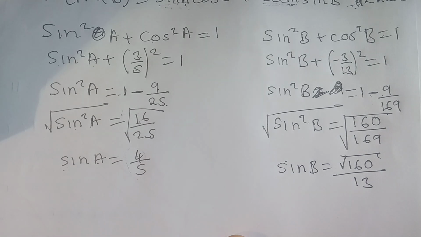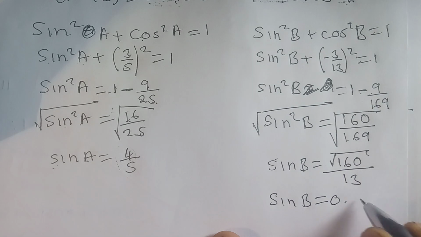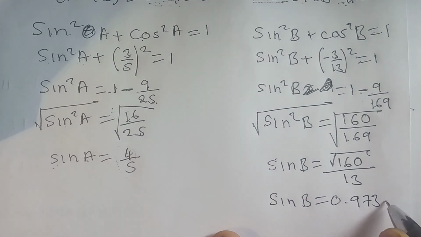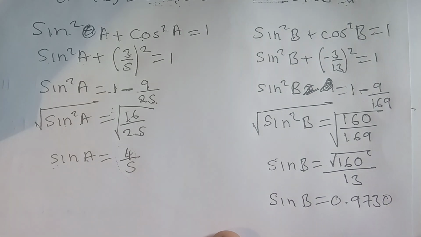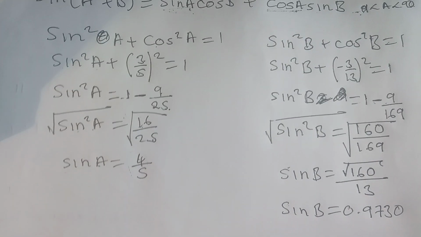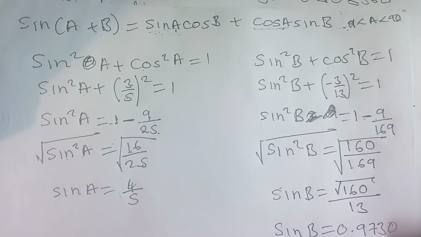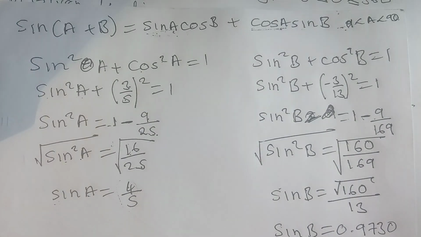If I punch the square root of 160 divided by 13 on the calculator, it gives me 0.973000851 as our sin B. Now all you have to do is substitute each of these in there.